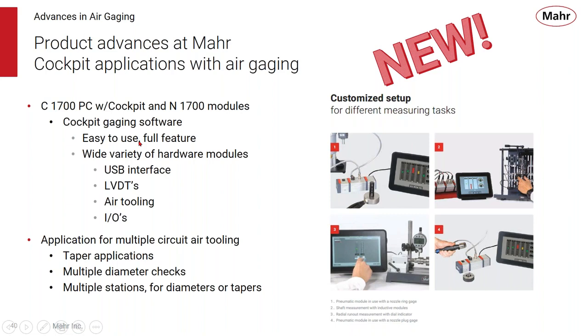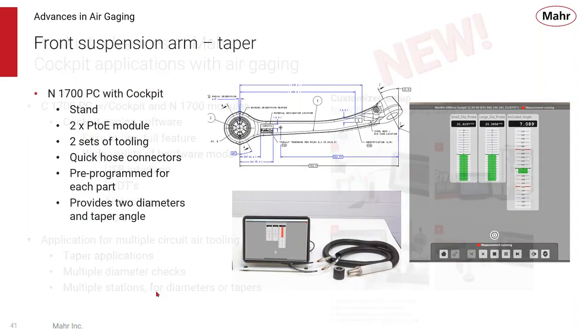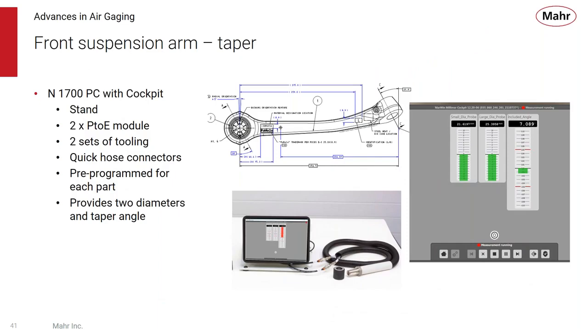It's easy to use, has lots of good features, and it's something that customers can configure to their specific application. It's also great for multiple circuit air tooling for taper applications, multiple diameters, or if you have multiple stations of single diameter tooling. Let's take a couple of looks at different applications here.